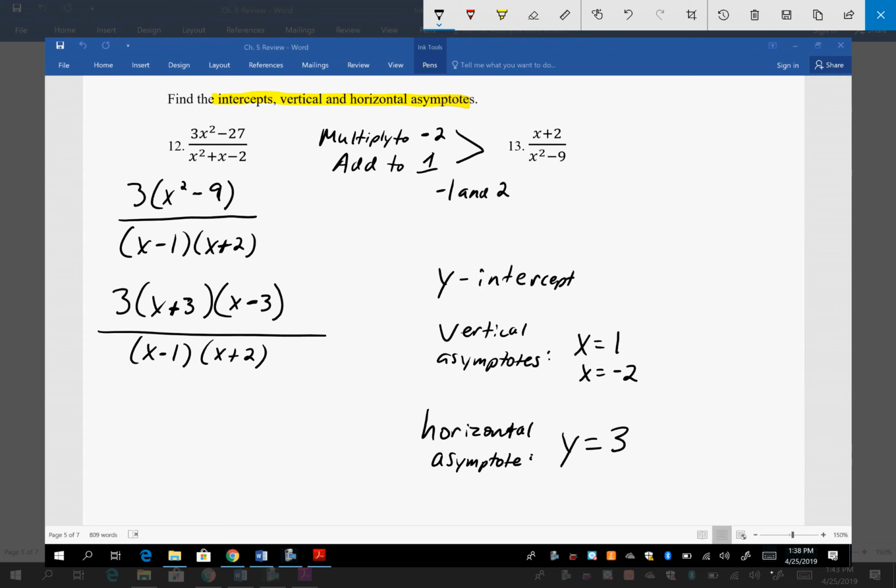Yeah. The y-intercept is you make x 0. So we have 3 times 0 plus 3 times 0 minus 3 over 0 minus 1 times 0 plus 2. Okay, so what's 0 plus 3? 3. 0 minus 3. So I'll multiply, we got a 3, and a negative 3.